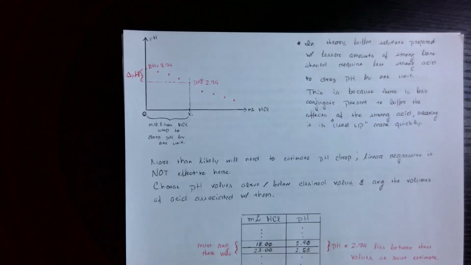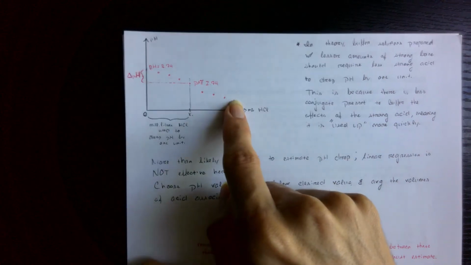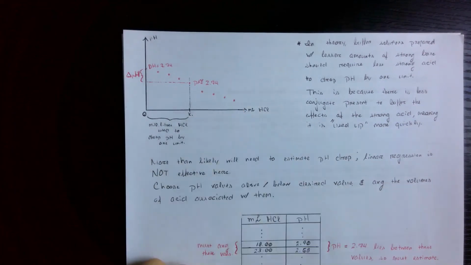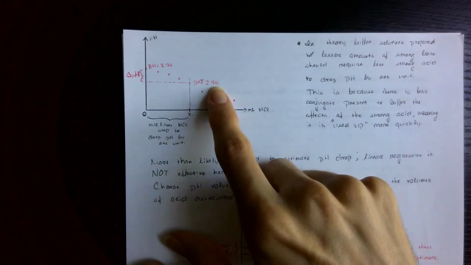One thing that I experimented with when I taught this lab back in the spring, when the shutdown had just started and everything was chaos and I was trying to get this done as quickly as possible for everybody, was to do a straight line fit like we've done 1,000 times, and then calculate using that line what X value gives you 2.74.